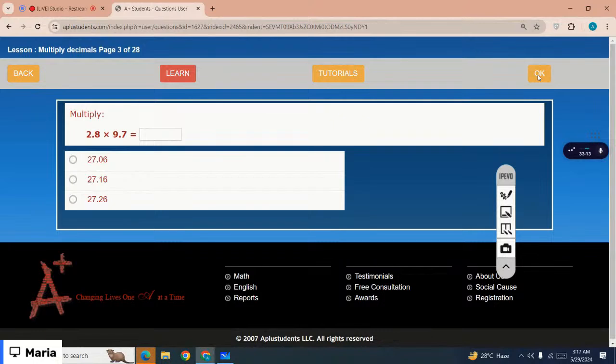Just multiply and write the answer in the chat box. 2.8 times 9.7 is 27.16.